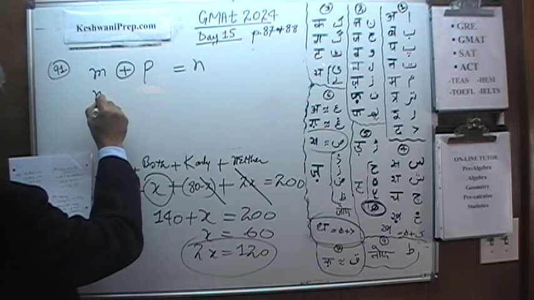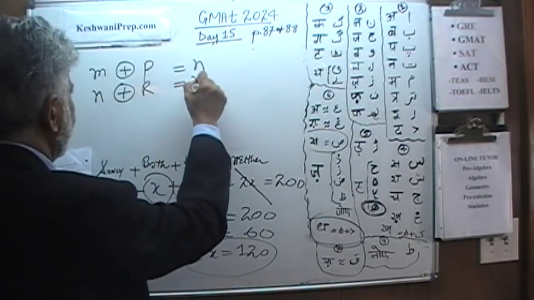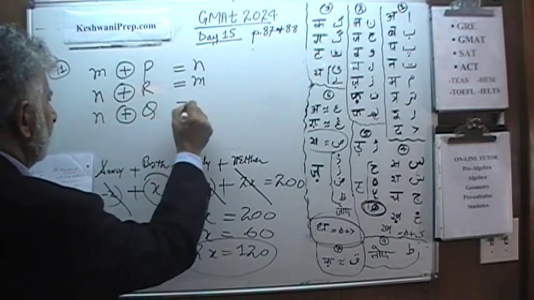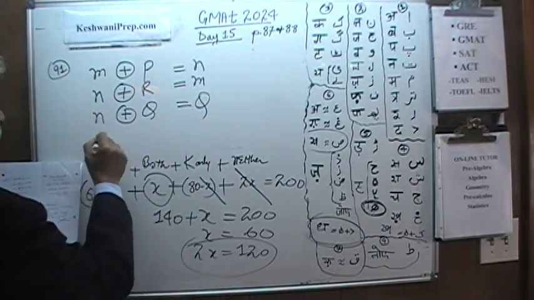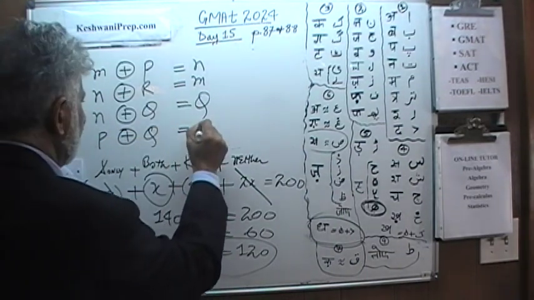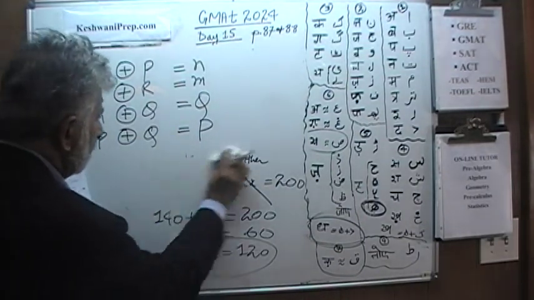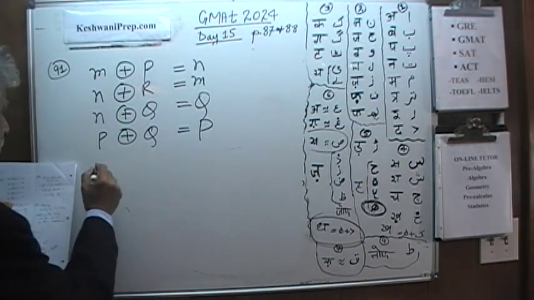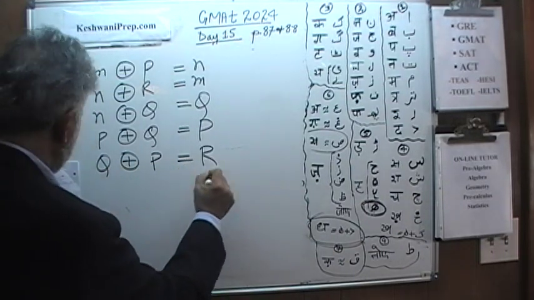Similarly, when we perform the same operation between n and r, the result is m. When we do the same operation between n and q, the result is q. When we do the operation between p and q, the result is p again. And finally, when we do the same operation between q and p, the result is r.